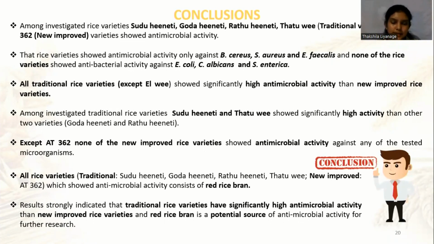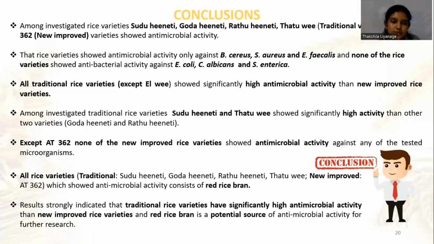Among the investigated traditional rice varieties, Sudhuhinati and Tatuvi showed significantly higher activity than the other two varieties. Except for 8362, none of the new improved rice varieties showed antimicrobial activity against any of the tested microorganisms. Also, all rice varieties which showed antimicrobial activity consist of red rice bran.